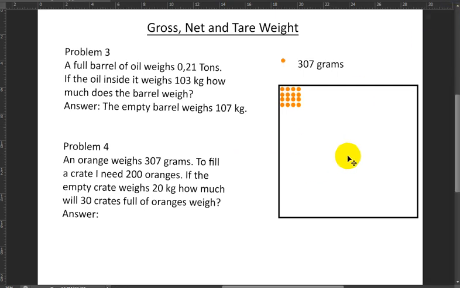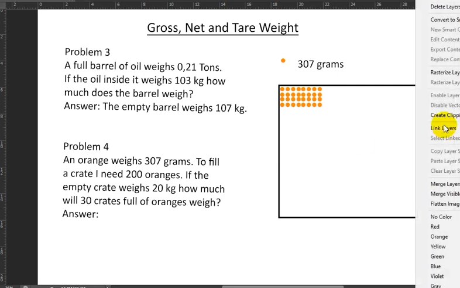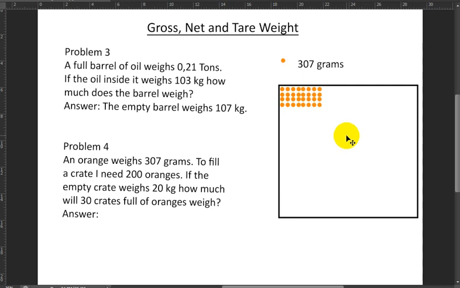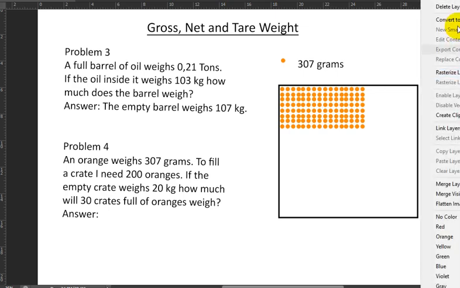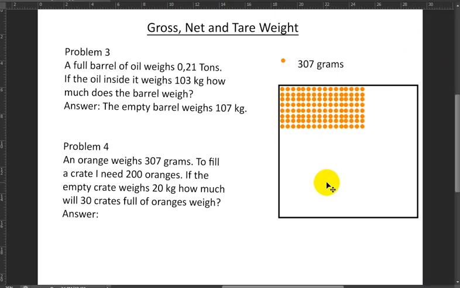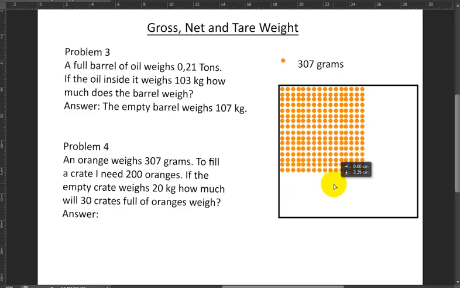And now they're 32. And now they're 64. Now they are 128. And now they are 256. Right.